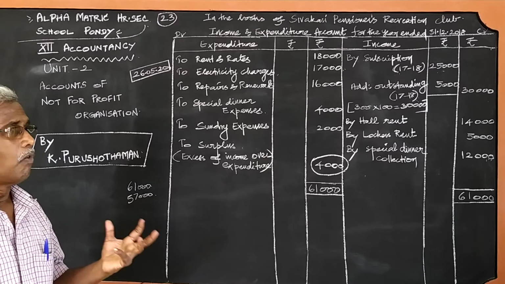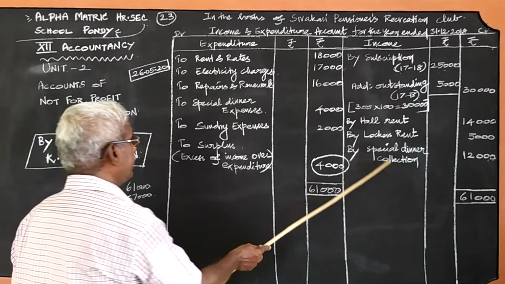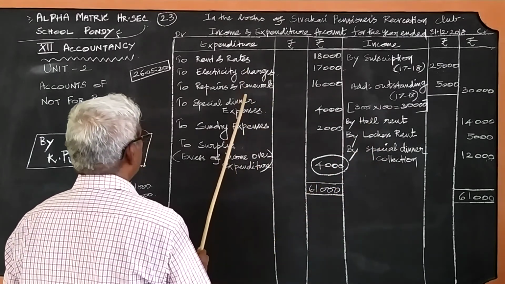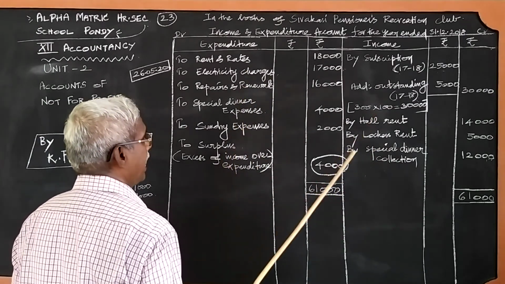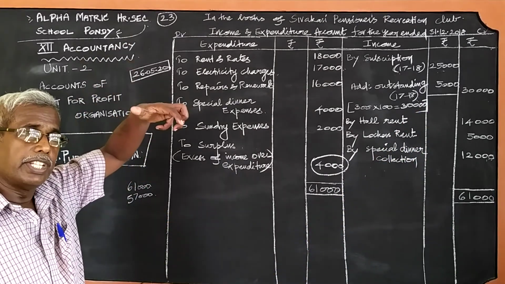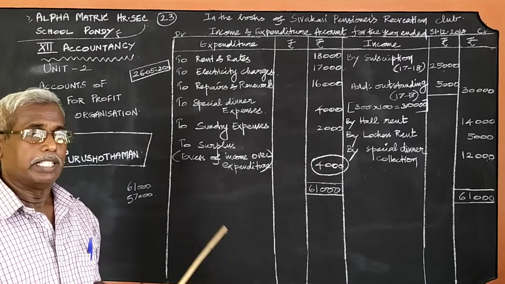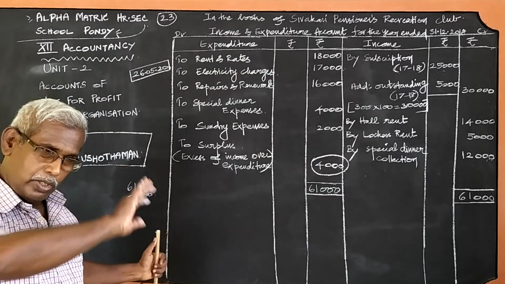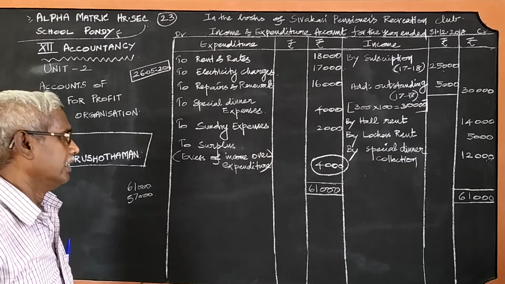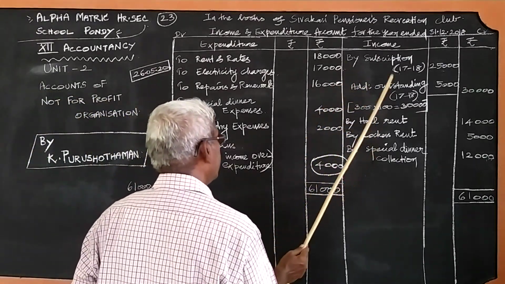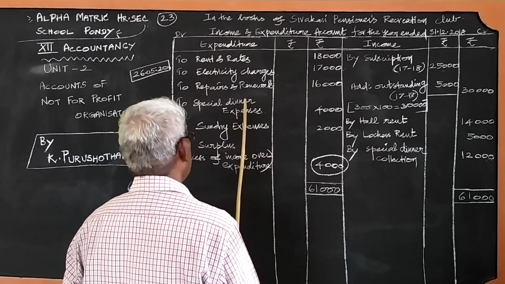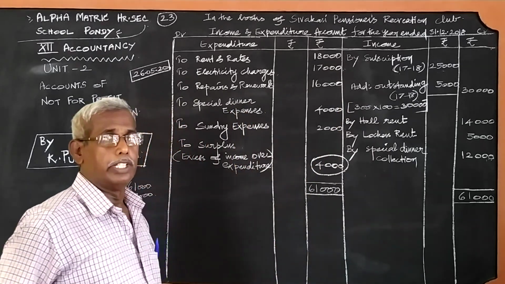In that case, we can take these two items, special dinner collection and these expenses and the balance 4,000, and keep it as a reserve in the balance sheet on the liability side. But in this problem, there is no such instruction given. Therefore, we should write the income on the income side, that is receipt on the income side, and the expenses on the expenditure side. We will continue now.